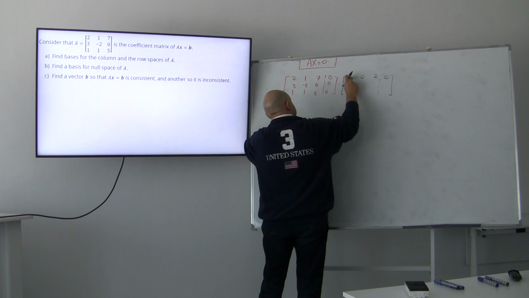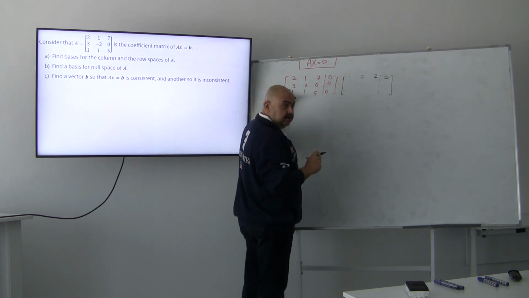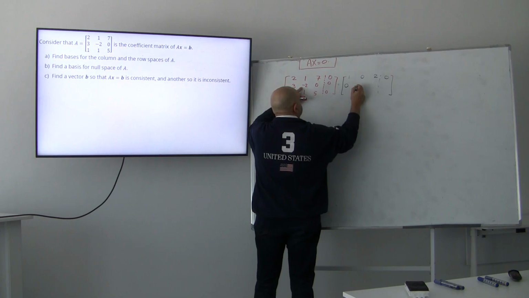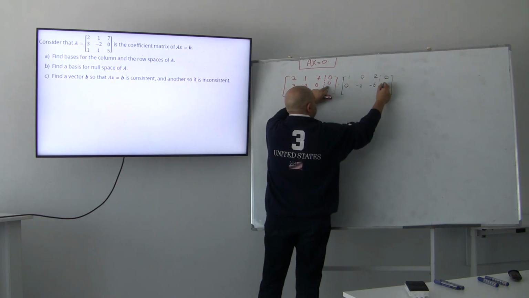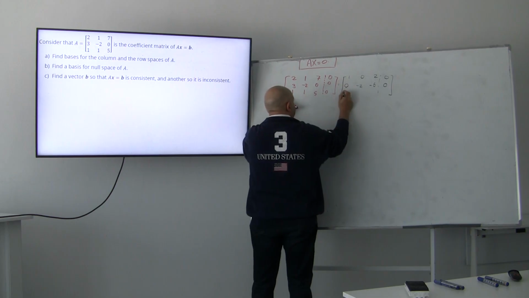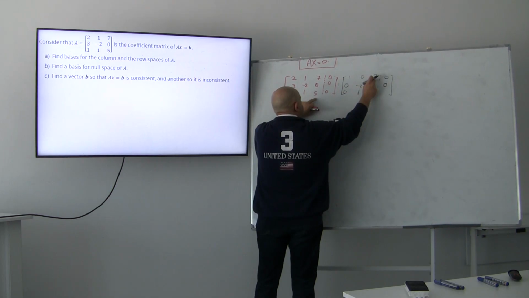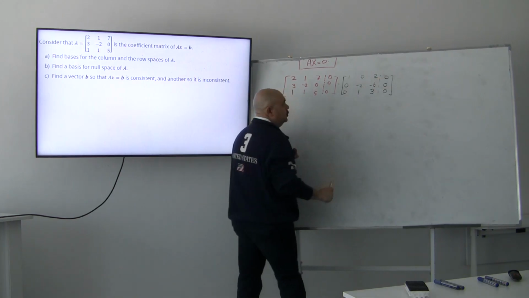Once more, I will use this pivot in order to change these values to become zeros. So simply, negative 3 plus 3 is going to equal 0, negative 3 times 0 is 0, and negative 3 times 2 is negative 6, and negative 3 times 0 is 0. In a similar manner, negative 1 plus 1 equals 0, 0 and 1, negative 2 plus 5, which is going to be 3, and 0.